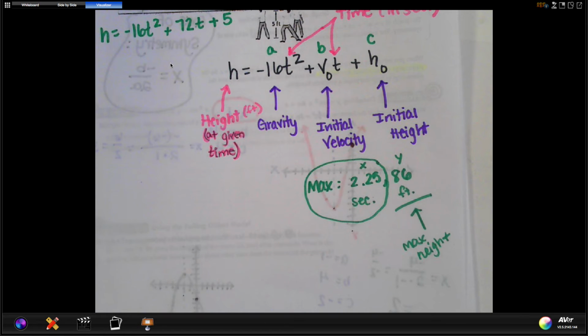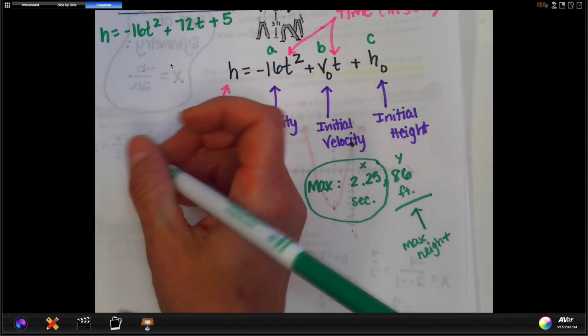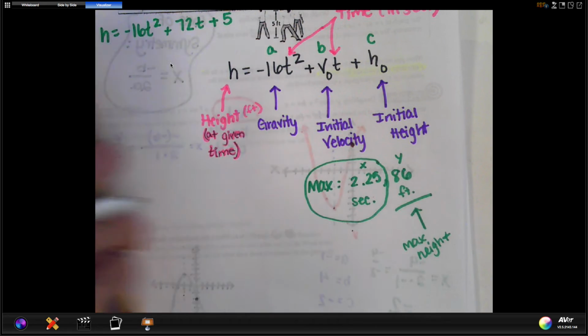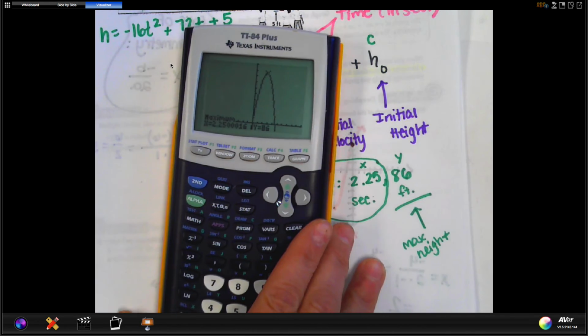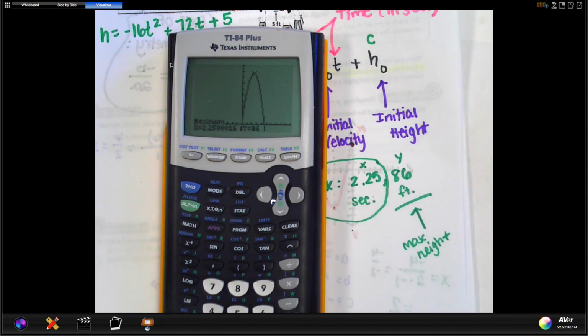The y values, right? So let's think about this. Do we have any negative y values? No. Okay, we can't have negative feet here, can we? It's not going to start below ground. Is it going to go up forever, though? No. What's its maximum?